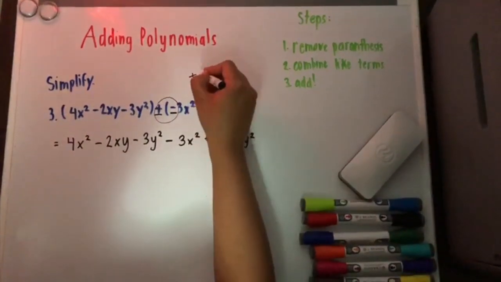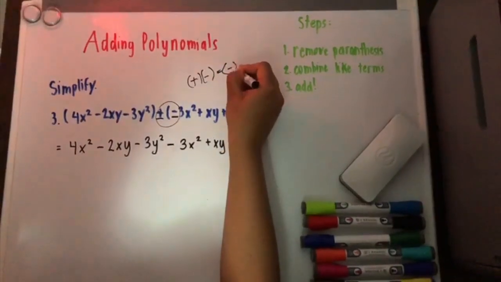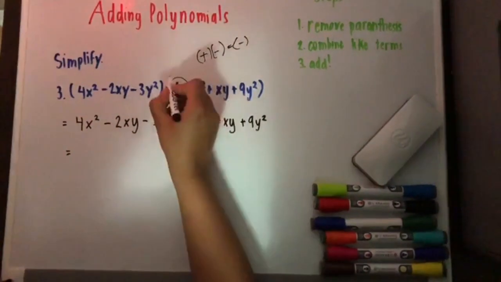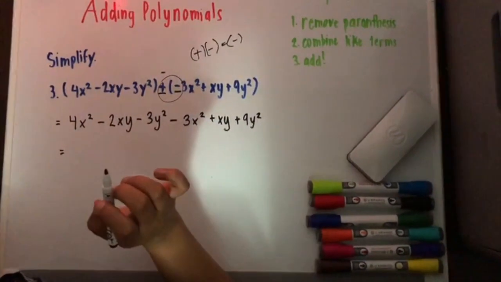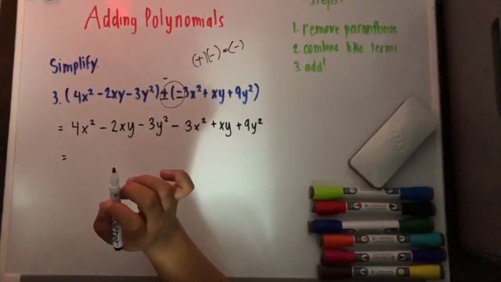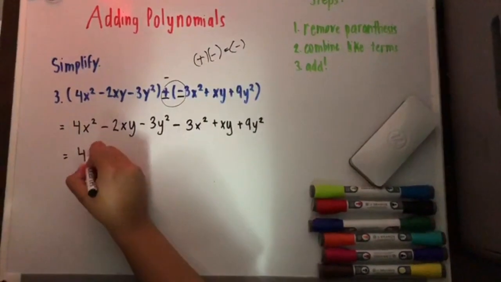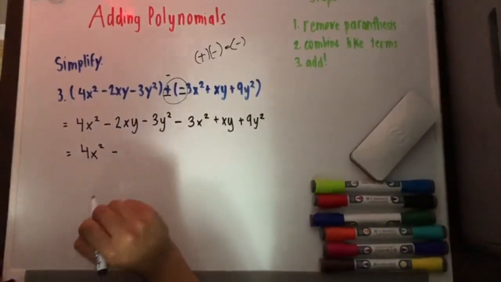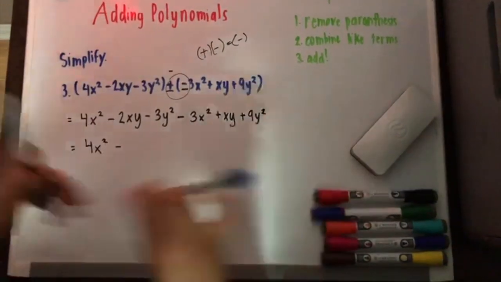So a positive and a negative equal negative. But when there is a negative here, the minus sign, we'll be discussing that in subtracting polynomials, which will be my next video. So watch that.